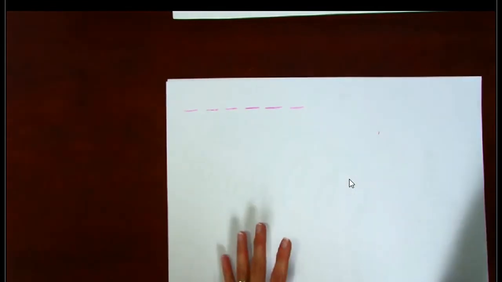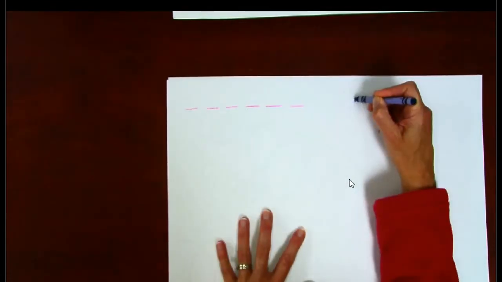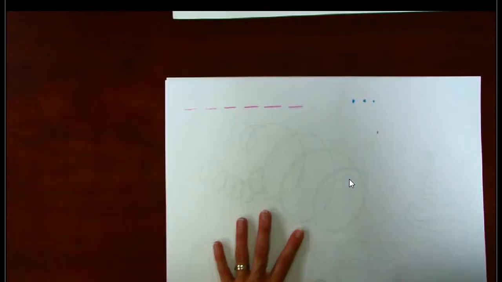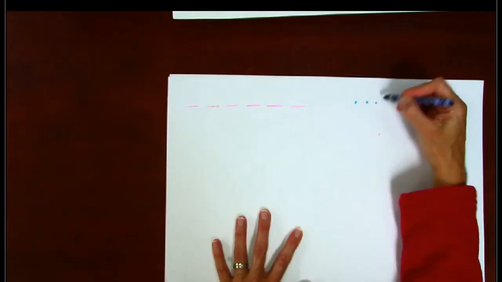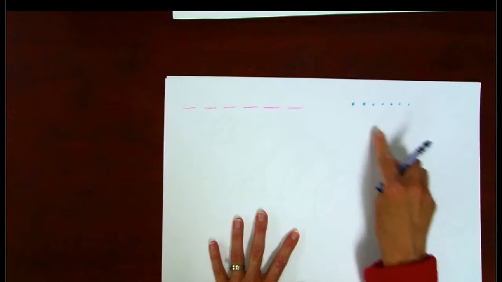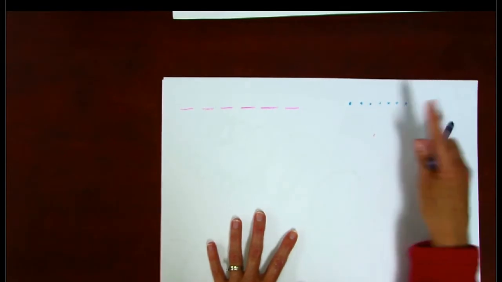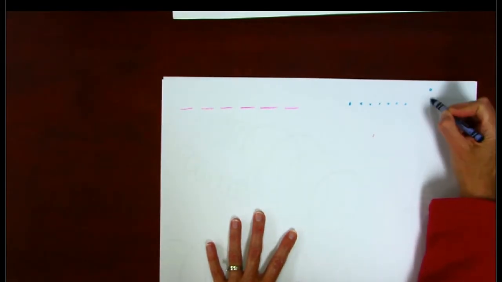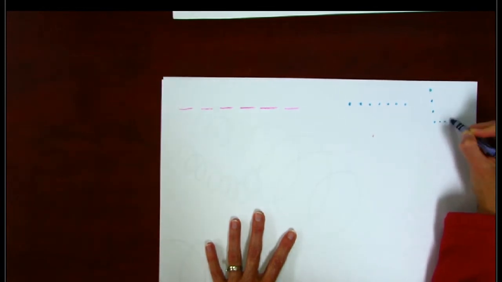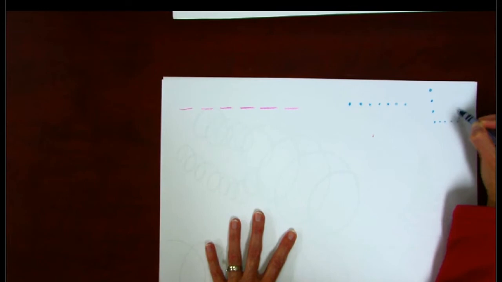Now to make a dotted line, I'm going to make little dots. And I'm going to put these little dots all in a row. And that gives me a line. I can make them go up and down. I can make them really close together. I can make them go in a loop.